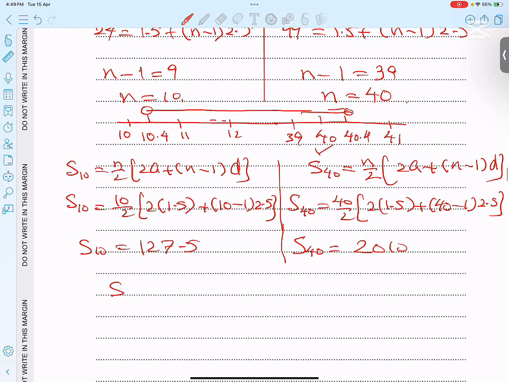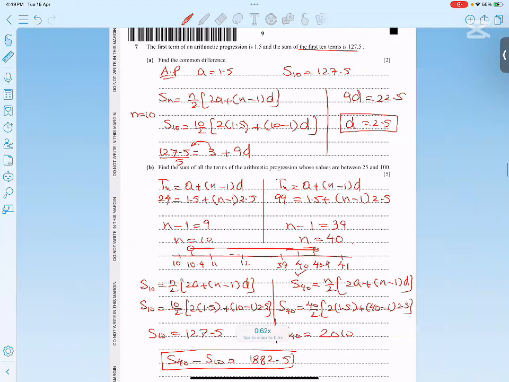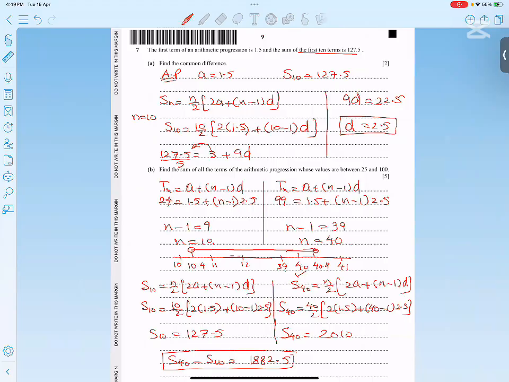And if I subtract this one, we got the answer. Check in calculator, it is coming 1882.5. I hope the point is very clear. So this is the basic concept, and I hope the concept is clear. Let's go for next.